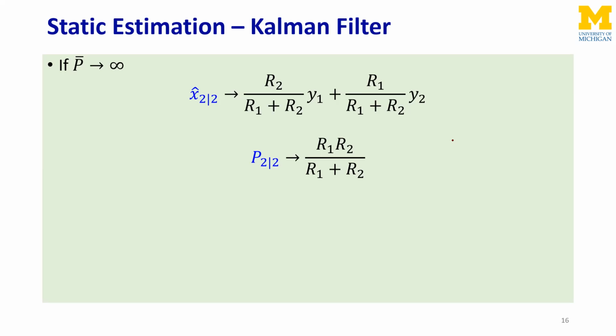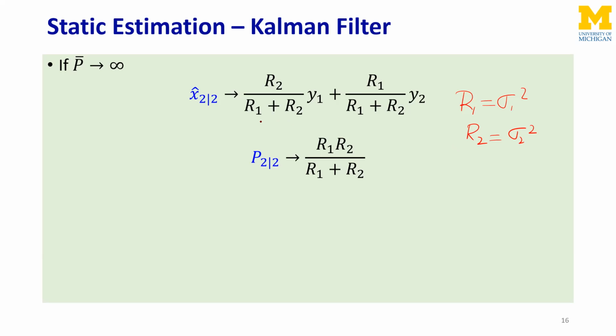You can see, well, exactly, that if you replace R1 by sigma 1 squared and R2 by sigma 2 squared, which by the way are exactly the physical meaning of R1 and R2: R1 is the variance of the measurement noise of the first sensor, and R2 is the variance of the measurement noise of the second sensor.